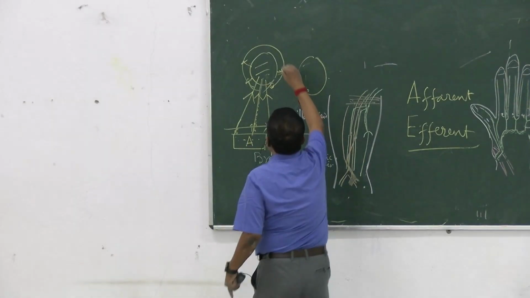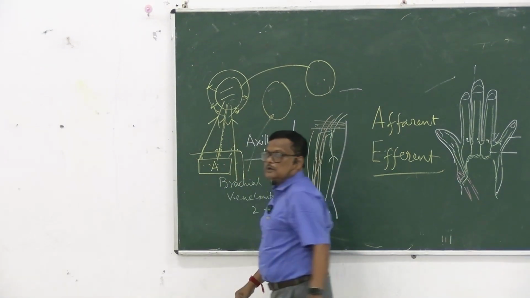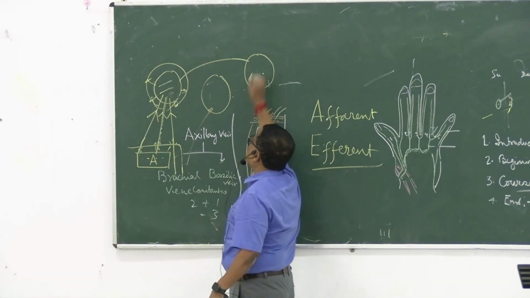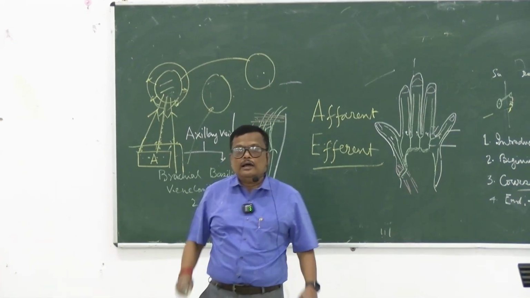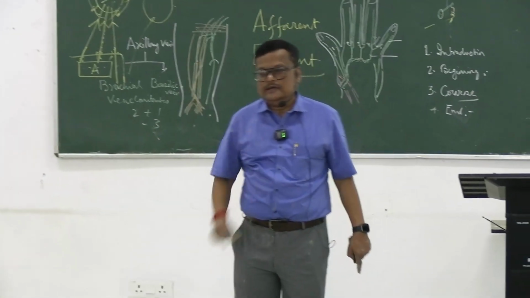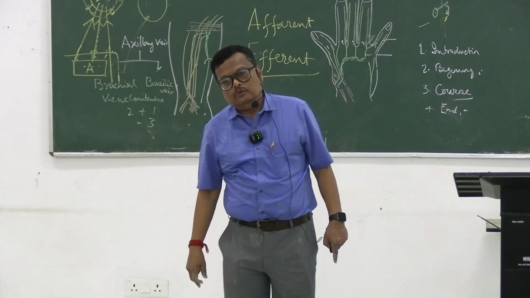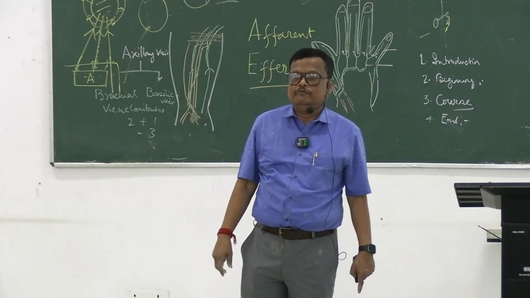Another is the efferent. Efferent lymphatics also go to another lymph node, so these nodes will ultimately be involved. So knowing these afferent and efferent channels is of very important diagnostic value and also prognostic value.